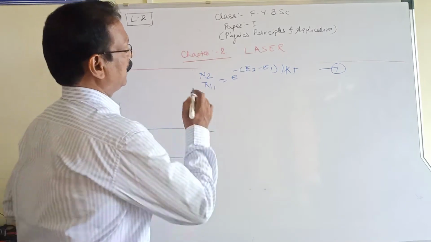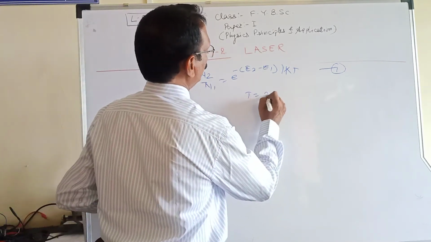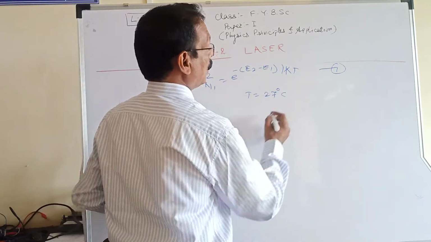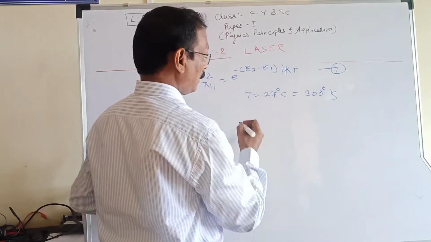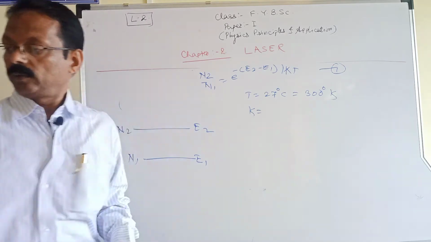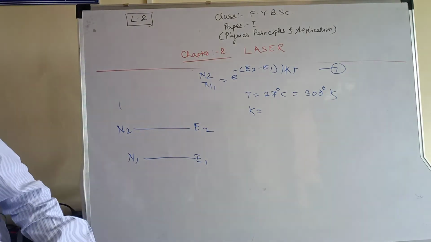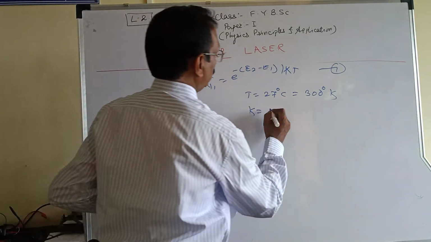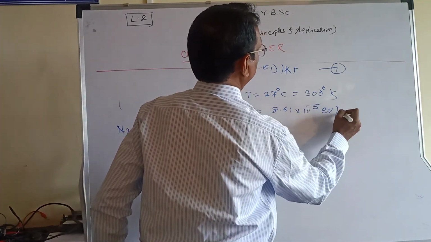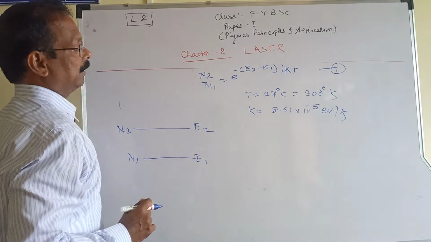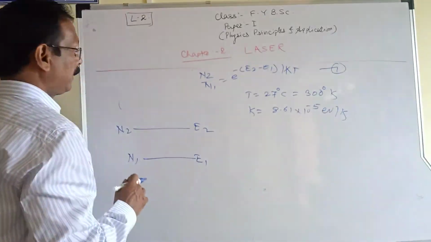Suppose T is equal to 27 degrees centigrade, which can be written as 300 Kelvin. What is K, the Boltzmann constant? The value of Boltzmann constant K is 8.61 into 10 raised to minus 5 electron volt per Kelvin. So we can find out this ratio.